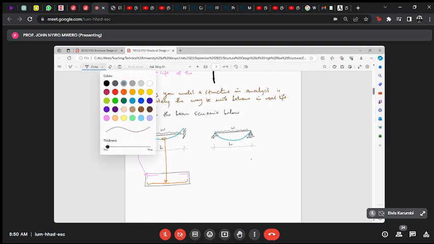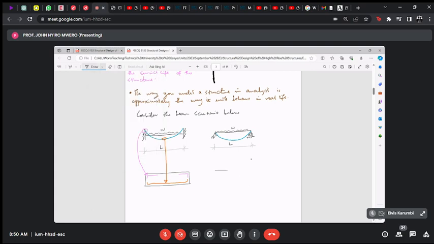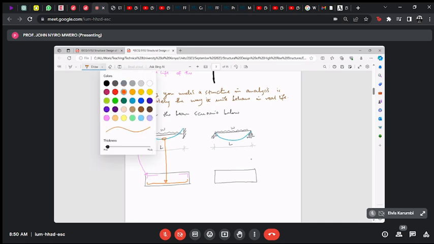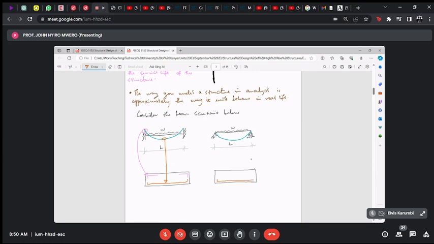The other beam, if you look at it, you will make provision here to carry that moment. Then you will provide minimum here.